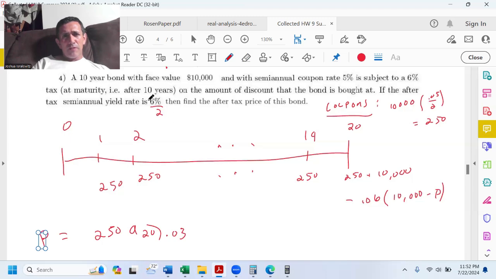I apologize if this wasn't clear, but you have your 10,000, and the same thing with your minus 0.06.